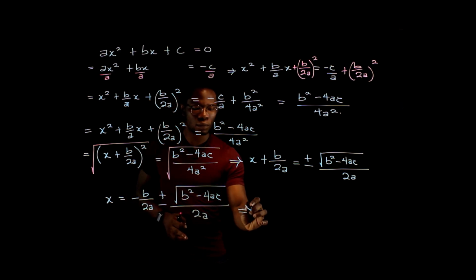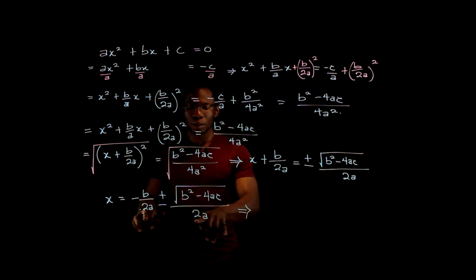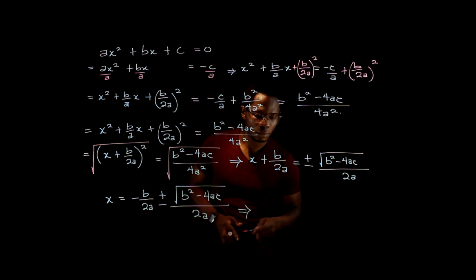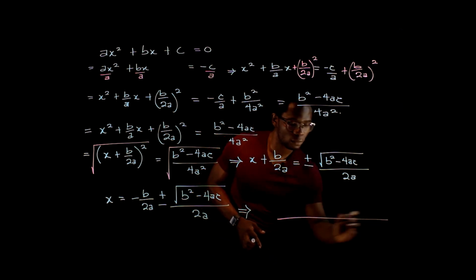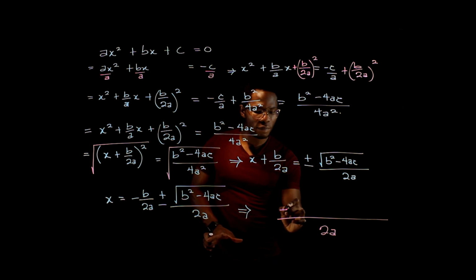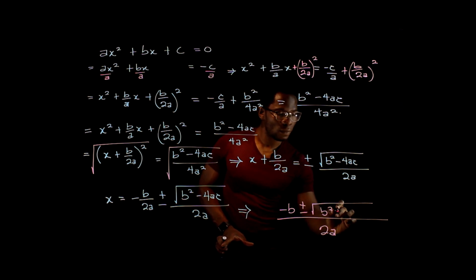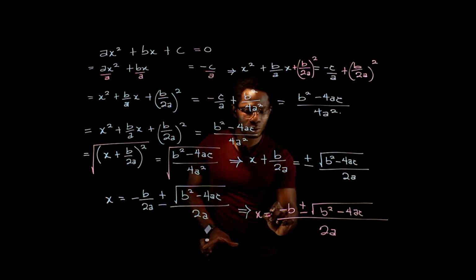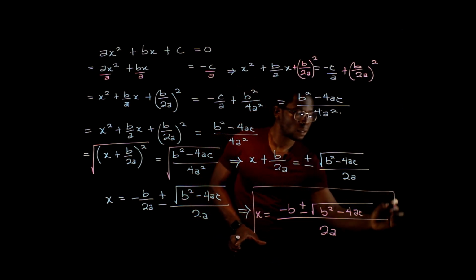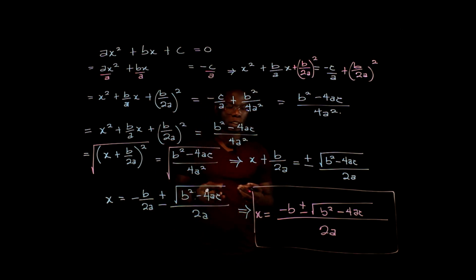Now we have similar denominators here, so we can combine these two to give us the denominator of 2a, and we have minus b plus or minus the square root of b squared minus 4ac. x is equal to this. Now this is the general formula with which we solve quadratic equations.